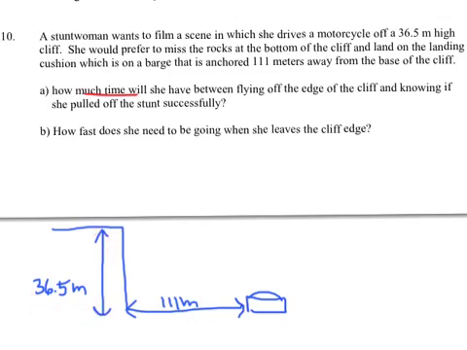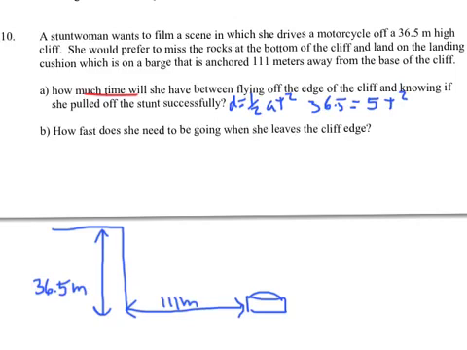So to solve this problem, I'm going to say d equals 1/2 at squared. The distance is 36.5 equals half of 10 is 5 times t squared.